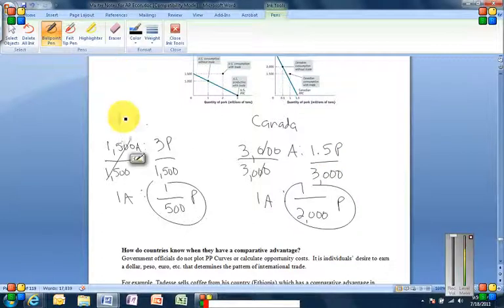If we're just taking a peek at this, and we say, all right, I'm going to divide both sides by 3 on the US production possibilities frontier, so that 1P equals 500 on the left-hand side, 500 aircraft. That's more digestible for me, so I'll write that. And for Canada, I'm going to divide both sides by 1.5, so that now, just like with the United States, the right side is set to 1.